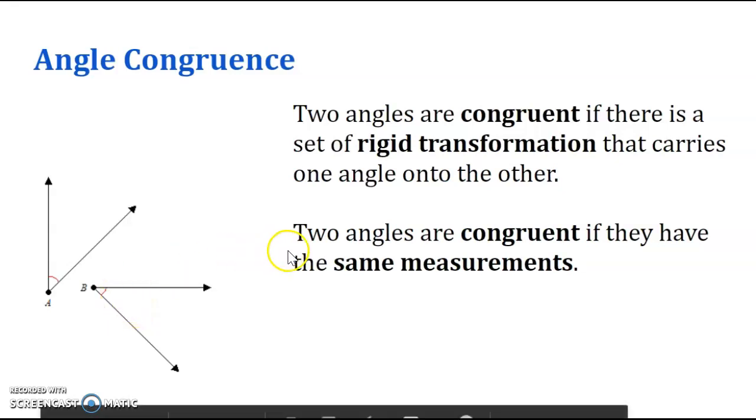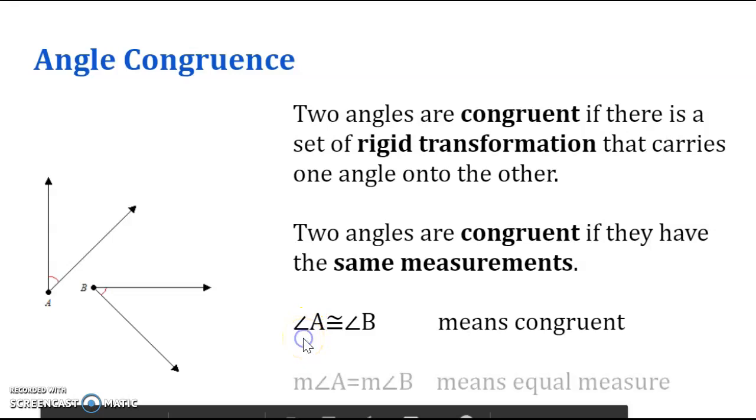Another way you can prove congruence is if they have the same measurement. If this angle and this angle have the same measurement, then we can say they are congruent. So angle A is congruent to angle B, which means that the measure of angle A is equal to the measure of angle B.